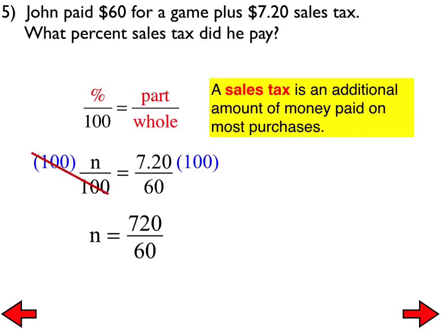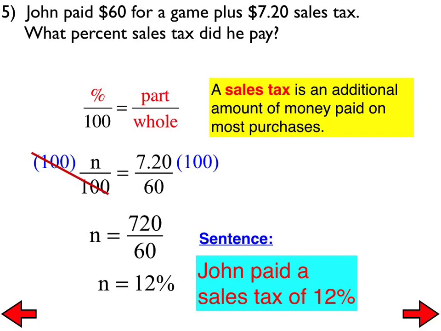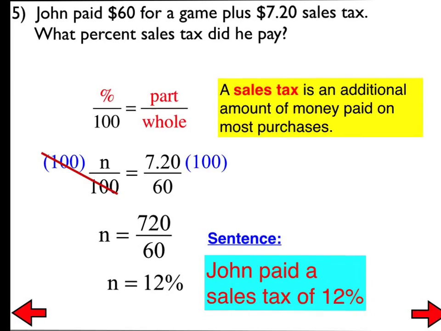This would be just left as 720. 720 divided by 60 gives you 12%. So John paid 12% sales tax on that game. So he paid the $60 and 12% more, which would be $7.20 more.